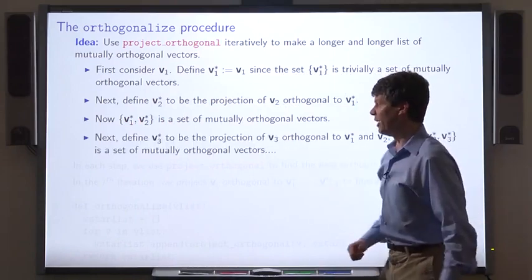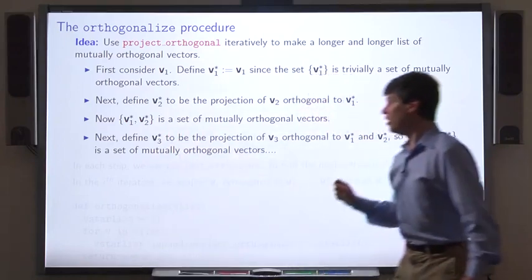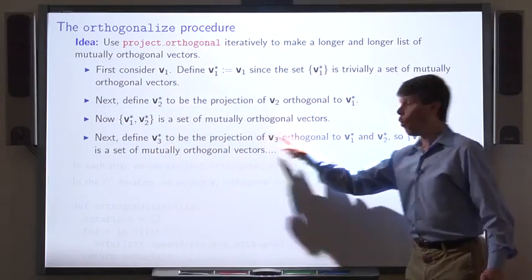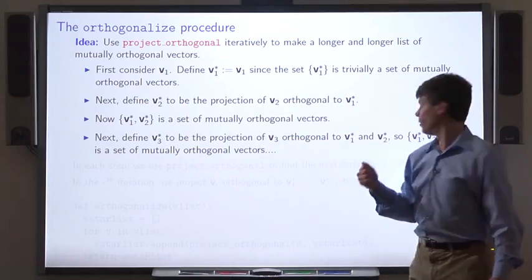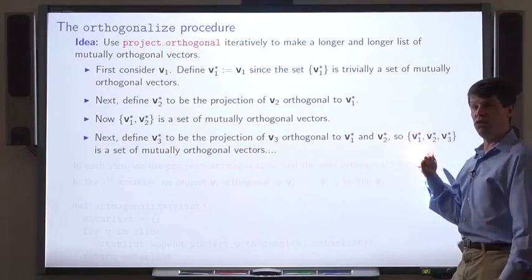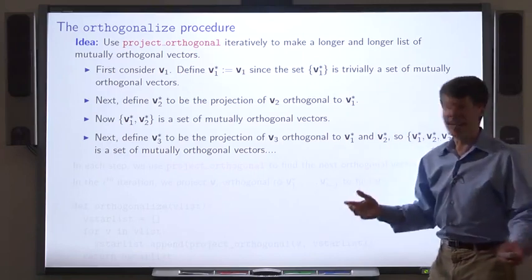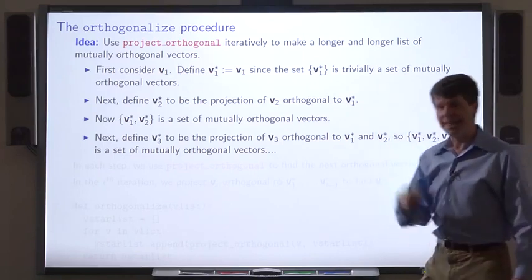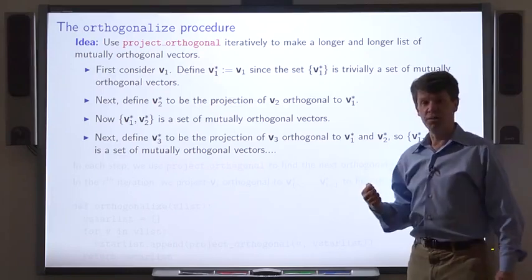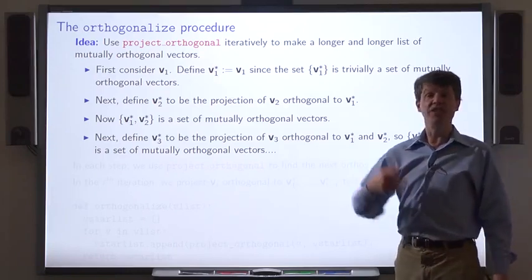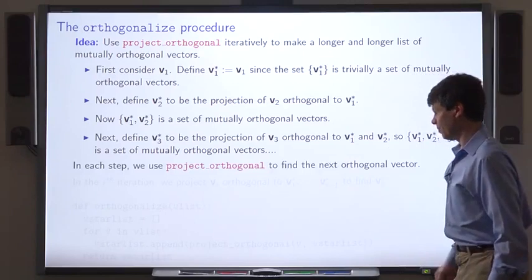Now let's move on to v3. We define v3* to be the projection of v3 orthogonal to both v1* and v2*. So the set v1*, v2*, v3* is a set of mutually orthogonal vectors. In each iteration, all we have to do is project a vector orthogonal to a collection of mutually orthogonal vectors.